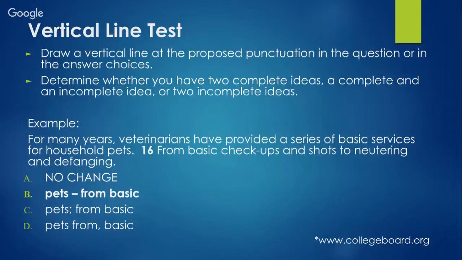It's an incomplete sentence. And we know that option C cannot be correct because it uses a semicolon, and a semicolon connects 2 complete thoughts. We know that A cannot be correct because we know we need to fix something, because you can't just have an incomplete sentence sitting there hanging by itself. And we know that it cannot be D because there's nothing to connect it.